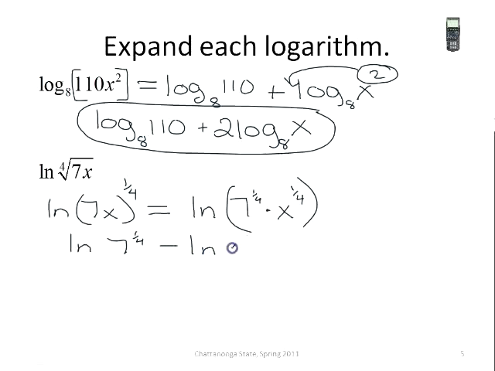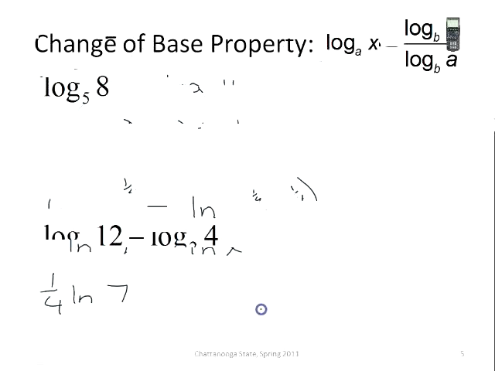So that I have the natural log of 7 to the 1/4 power minus the natural log of x to the 1/4 power. And then I can just bring the 1/4 for each one out in front. So I have 1/4 natural log of 7 minus 1/4 natural log of x.